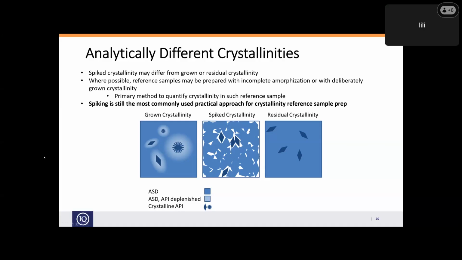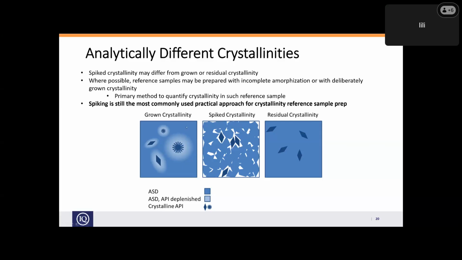A lot of times the spiked-in crystalline drug substance used for reference material preparation can be different from the grown crystallinity or residual crystallinity. The plots on the bottom depict different pathways by which crystallinity can be generated.